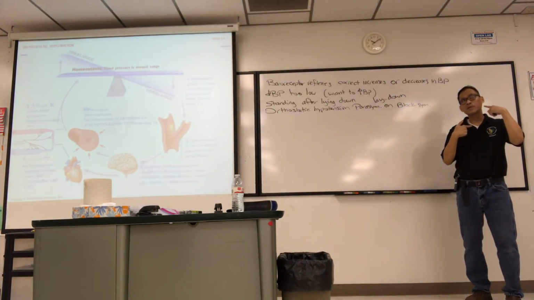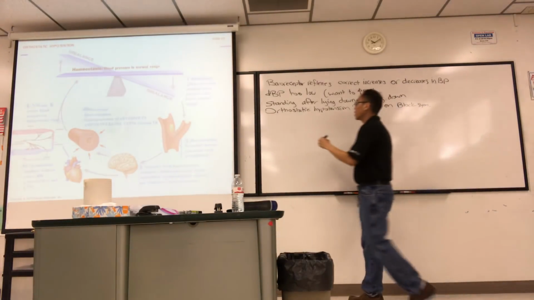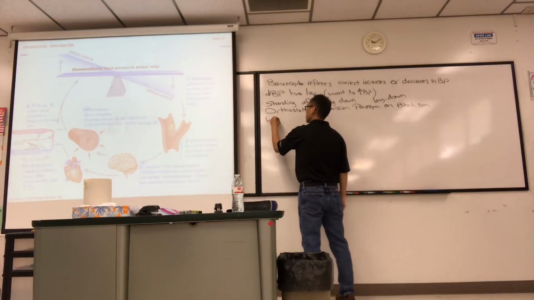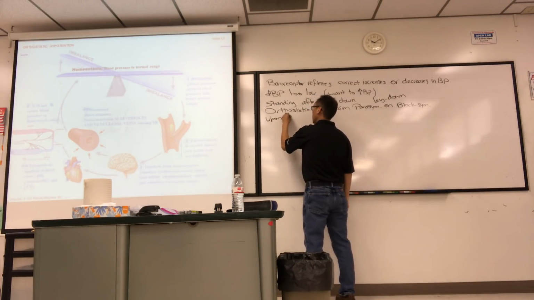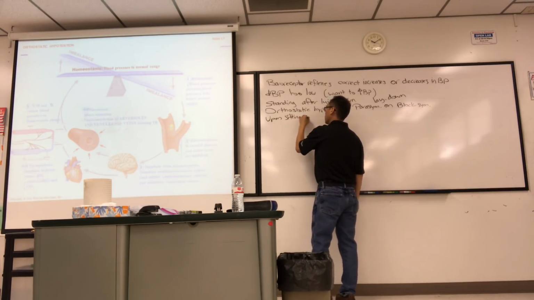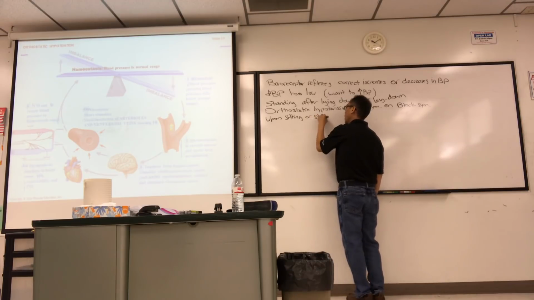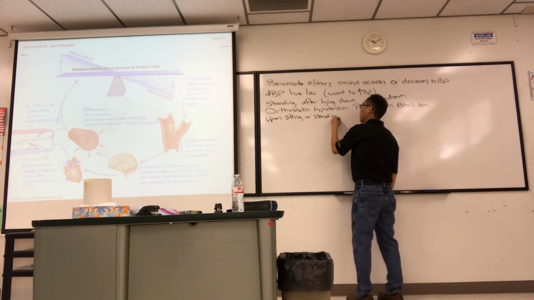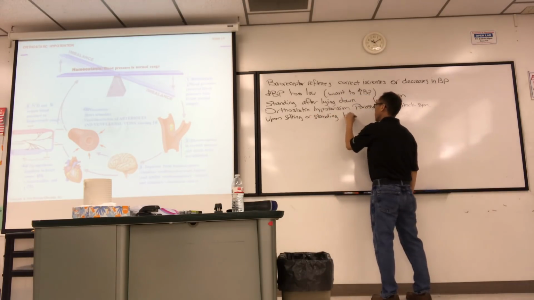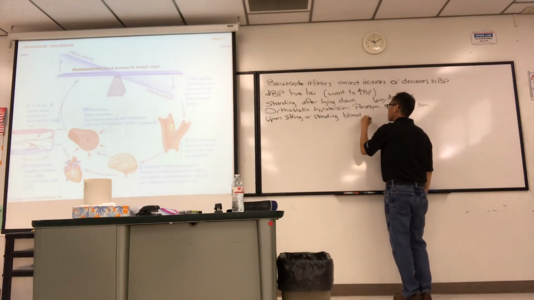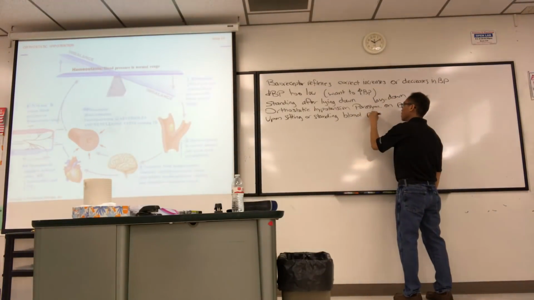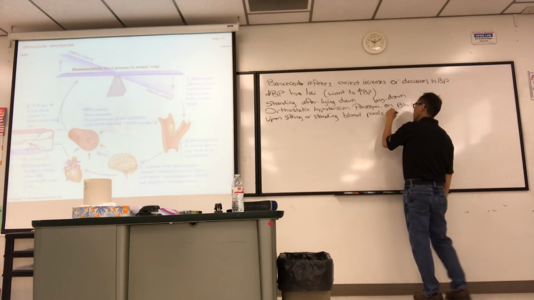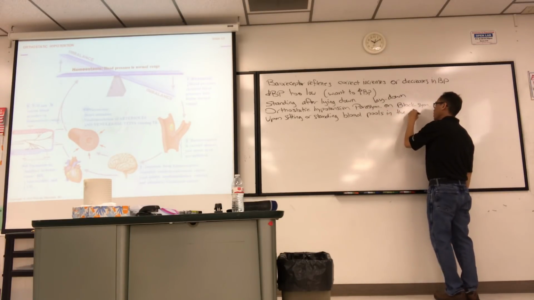And your baroreceptors here and here, they detect a drop in blood pressure. Upon sitting or standing, blood pools in the extremities.